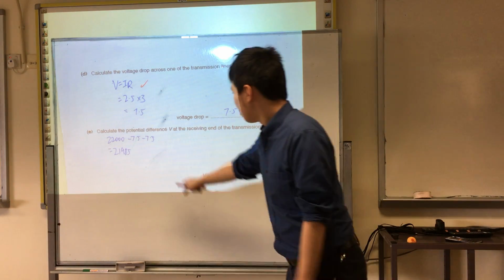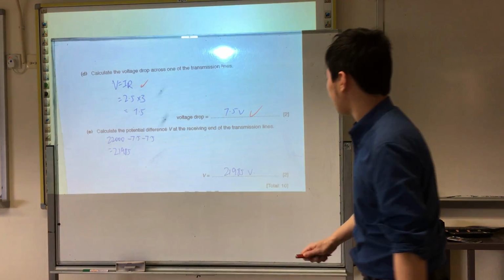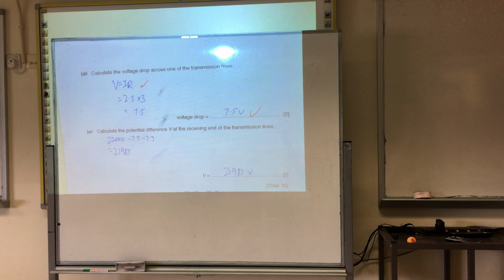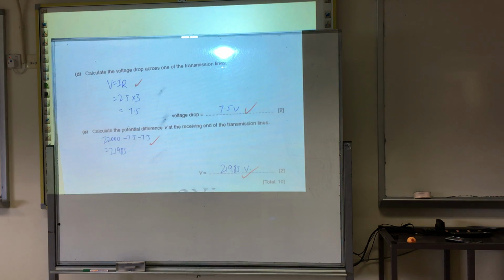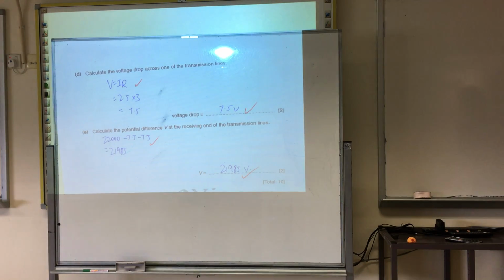E. Potential difference V at the receiving end. So you simply minus 7.5 twice because you have got 2 transmission lines. So that's basically it. Very simple, right? Much easier than the one we did.